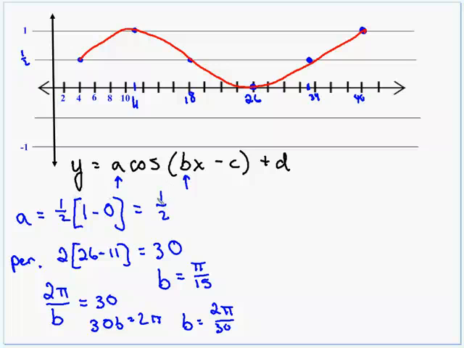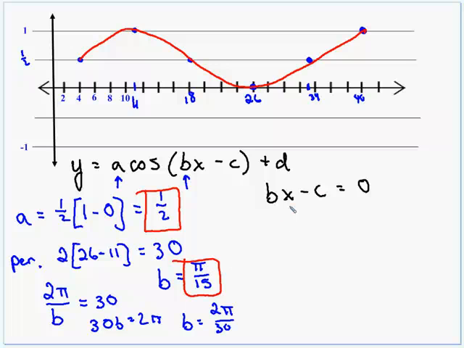And let's see here, we already got a half. We have b, pi over 15. Now we can get c, and that is going to be our left endpoint idea here. Bx minus c is equal to 0 is our left endpoint.